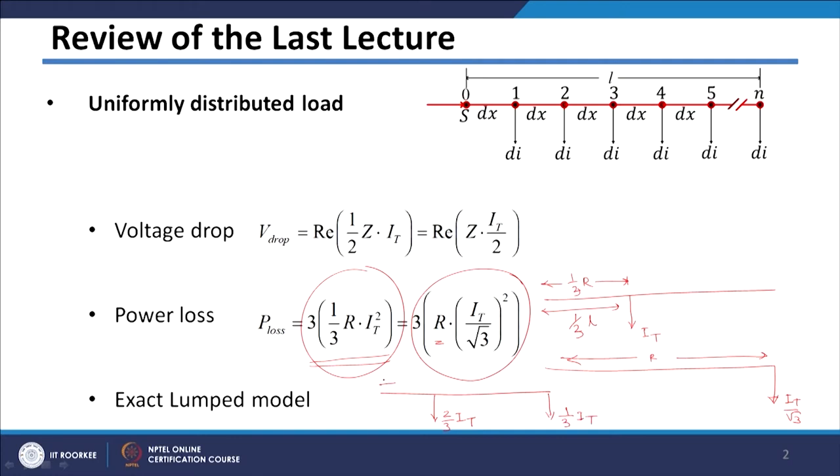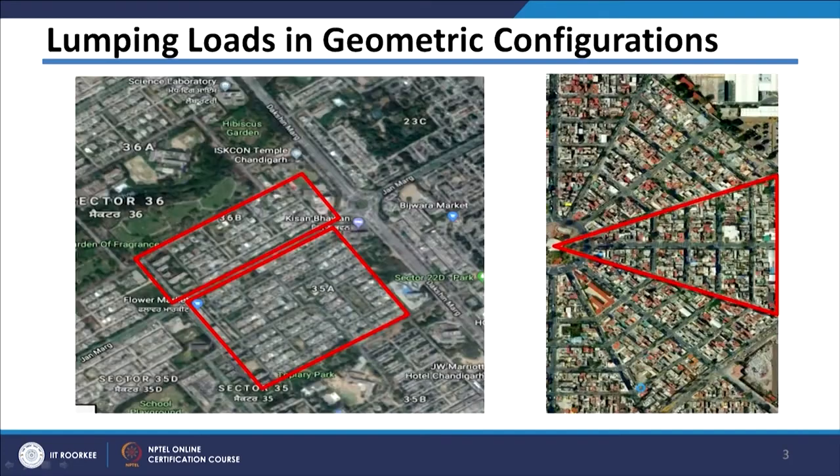The 2/3 of IT should be lumped at 1/4 of the distance of your feeder, and the remaining 3/4 distance will be covered by this 1/3 IT current. So, if you calculate power loss as well as voltage drop from this exact lump model, it will come out accurate. So, this was the revision of your last lecture.